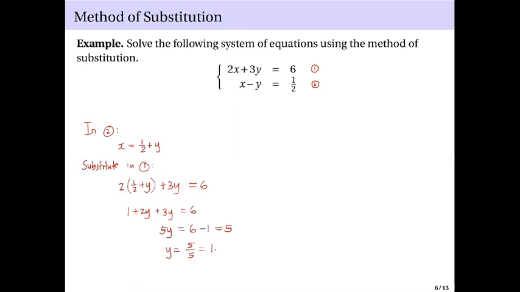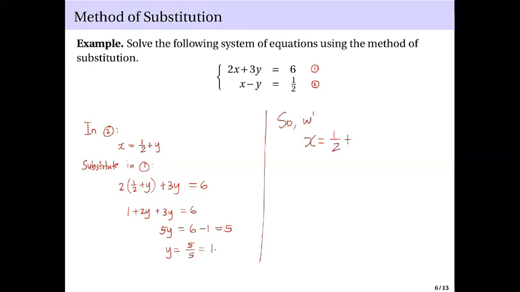Okay? So we have y equals 1. What about the x? Well, we have the value for y. All we need to do is substitute it back into this equation. Correct? So let me write it here.